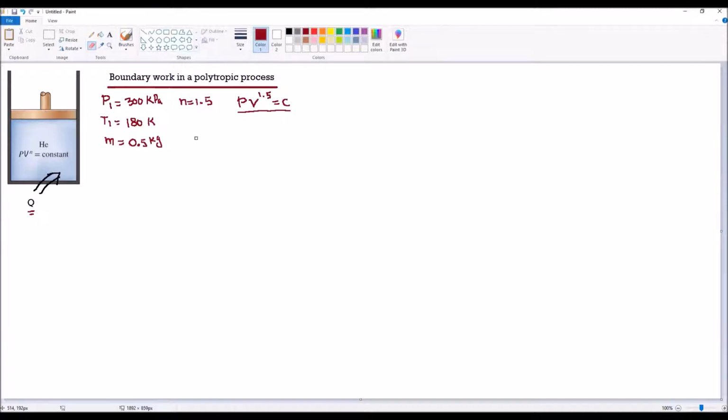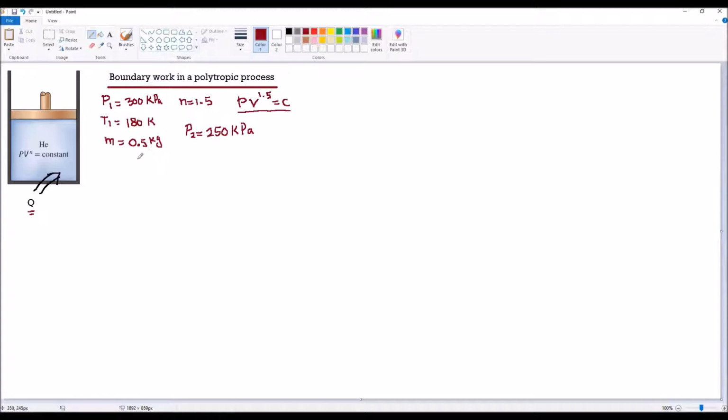The end condition given is that after heat is added, after some time, the final pressure will be equal to 250 kilopascals. All right, so one more time, reviewing the problem statement, we have helium gas at 300 kilopascals and 180 Kelvin in a piston cylinder system.